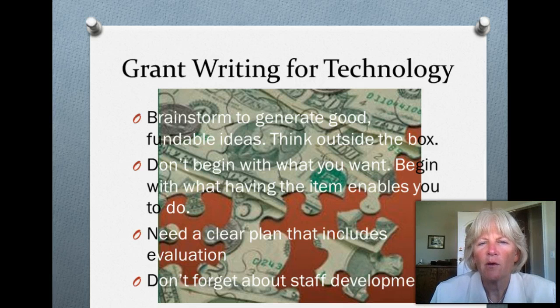And one last thing about that is, even if your main objective in writing a grant is to fund certain technology, don't forget about staff development. If there has to be training involved for you and or for others to be able to fully implement the project or activities that you're writing about, you need to provide that as part of the description of your plan.